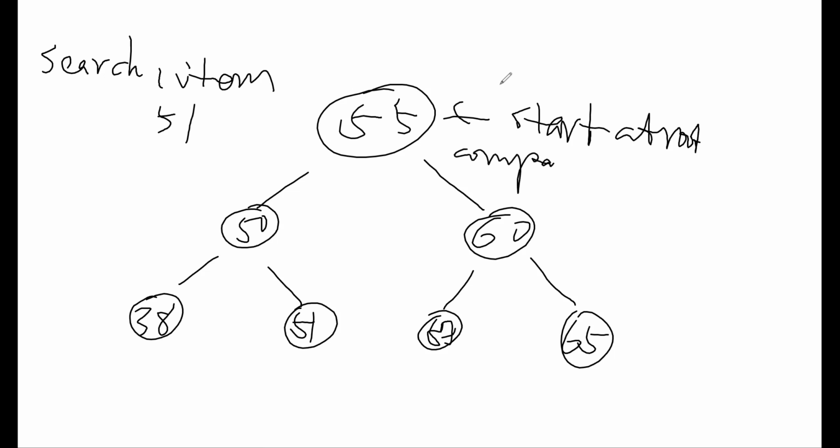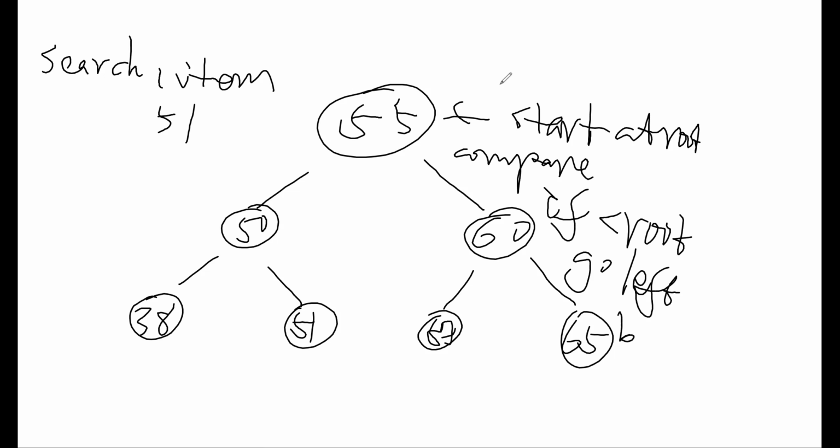If it is less than the root information, you go to the left branch. So I find 50.